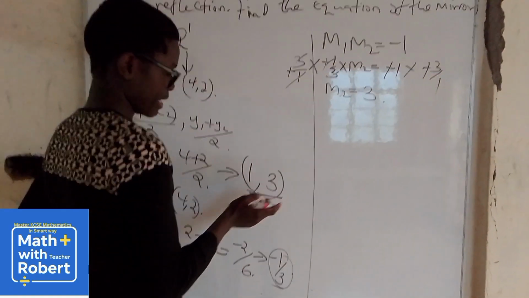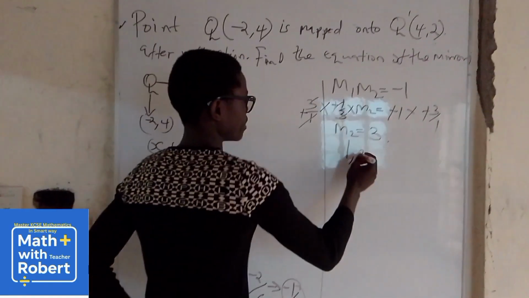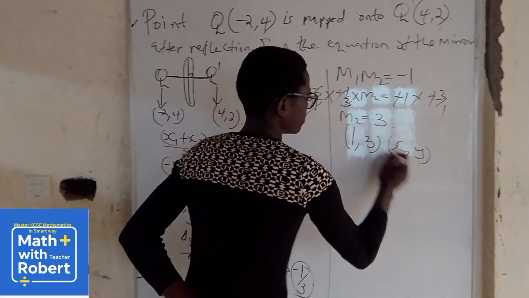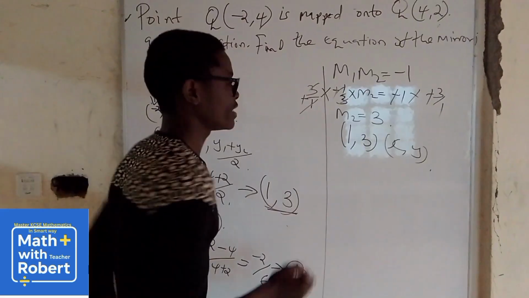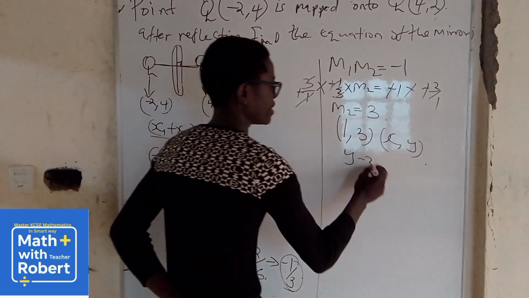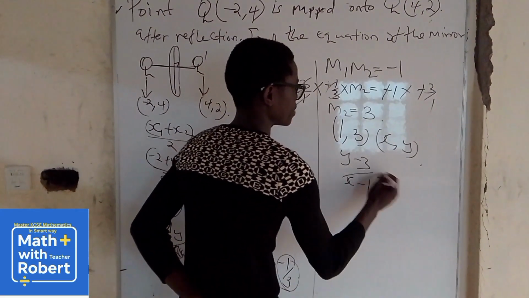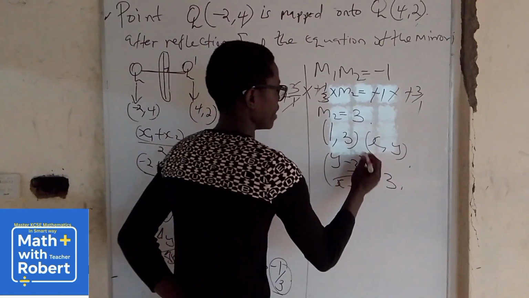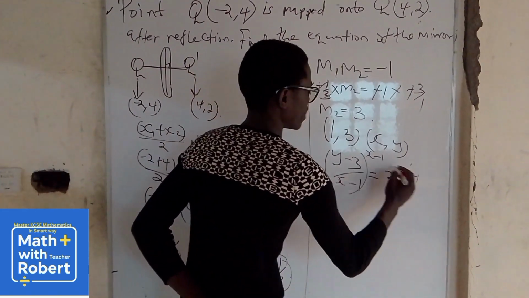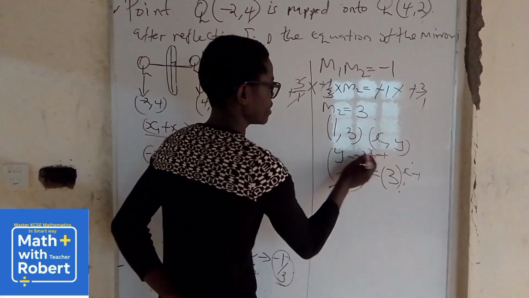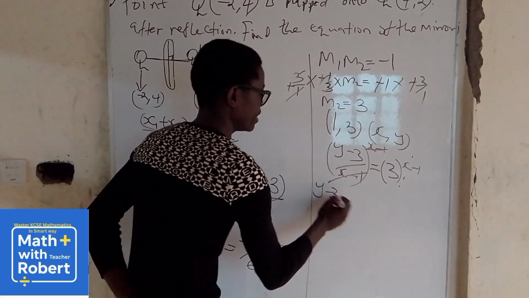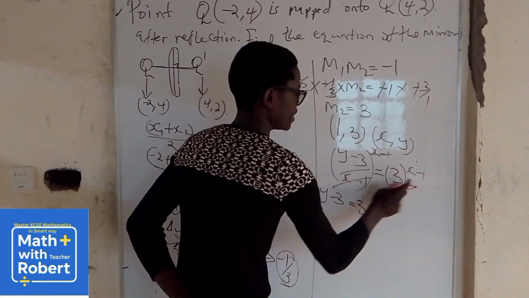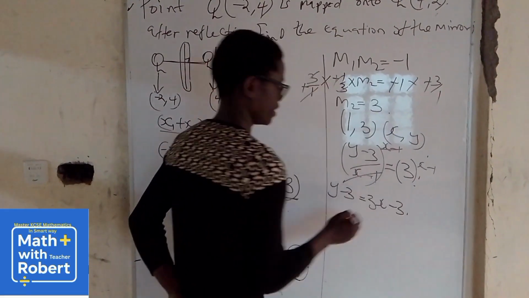The mirror passes through the point (1, 3). So we introduce another point, that is (x, y). So we say (y minus 3) over (x minus 1) is equal to the gradient, that is 3. We multiply both sides by x minus 1, so that this cancels this one. y minus 3 is equal to 3 times x, that is 3x, then 3 times negative 1, that is negative 3.